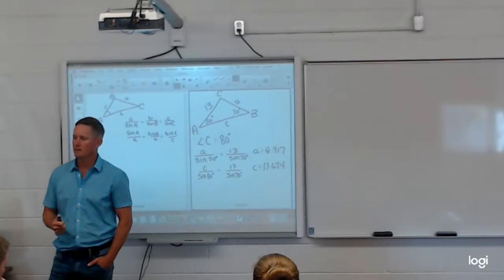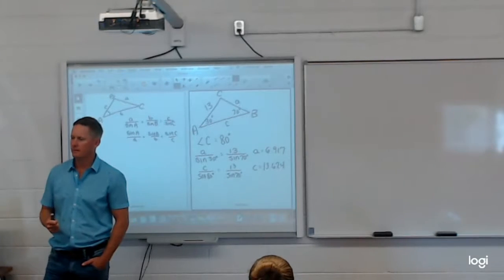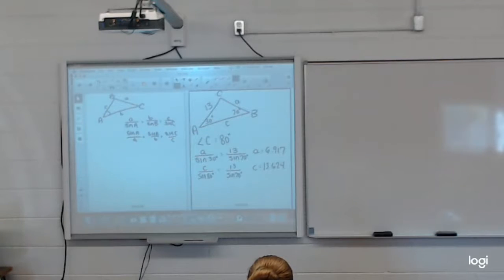Okay, so change it to degrees, hit enter. Now go second function, quit. It's in degrees. So I just hit enter, then I hit exit.